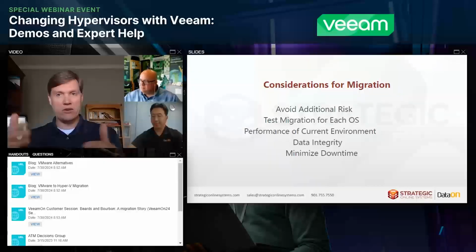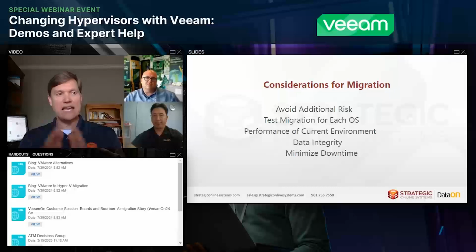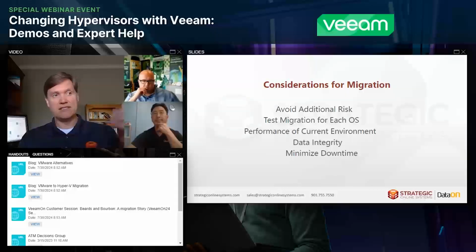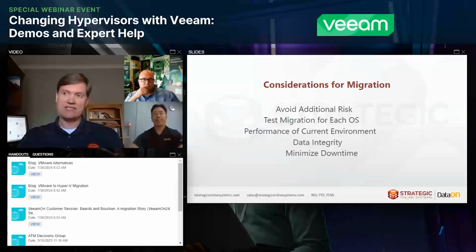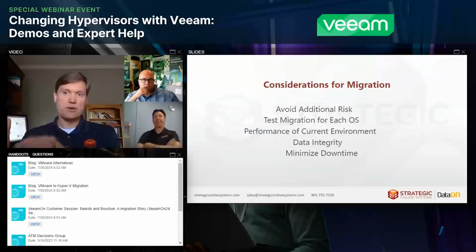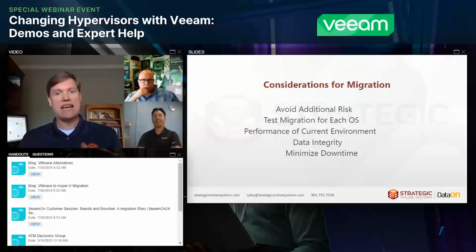Because of the power of Veeam, we can test the migration of each OS without actually having downtime. We work with our customer to put those into a sandbox, what we like to call the bubble. We take the actual VM and turn it from, let's say, VMware into an Azure Stack HCI VM, but just don't put it on the production network. And we can see how it handles the migration.